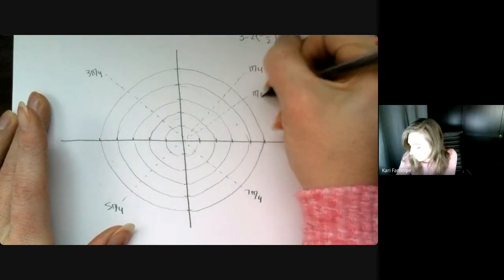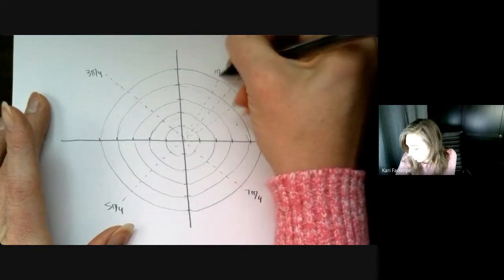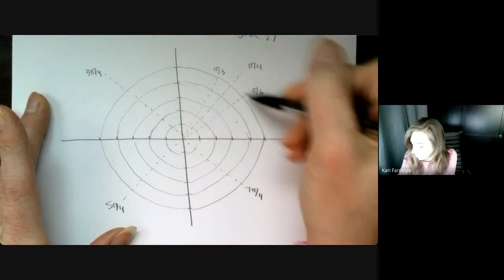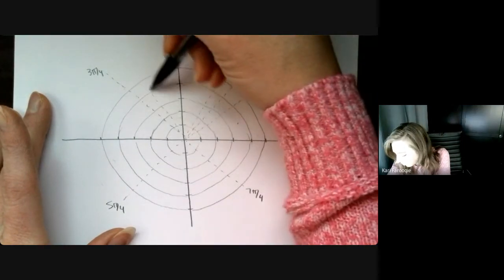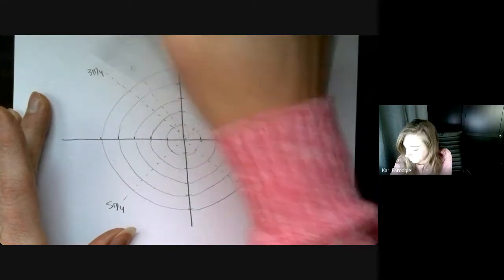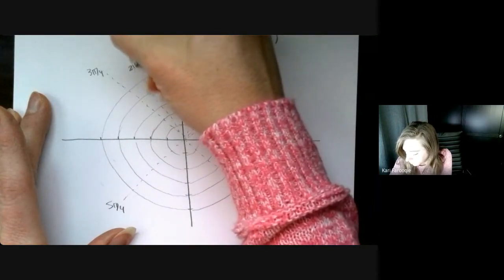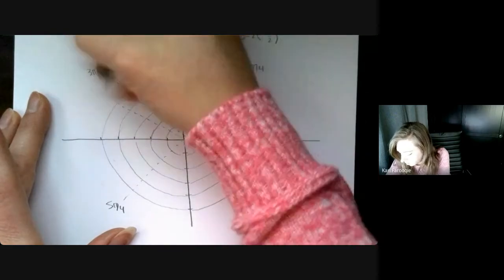Do the best you can. I mean, in the end, it's all just you getting a good approximation. But that's about a third of the way to pi. So that will be 2/3 pi. This one will be 5/6 pi.